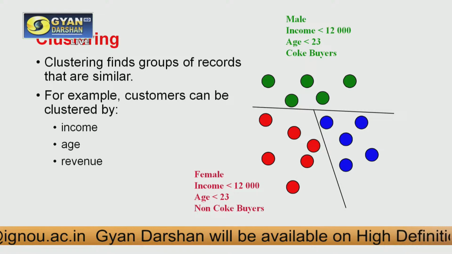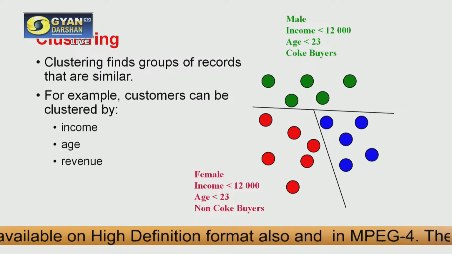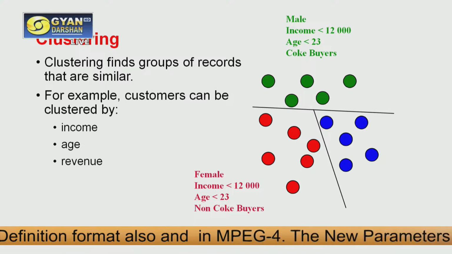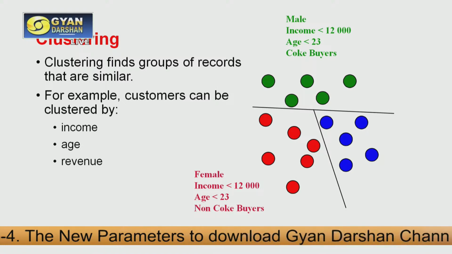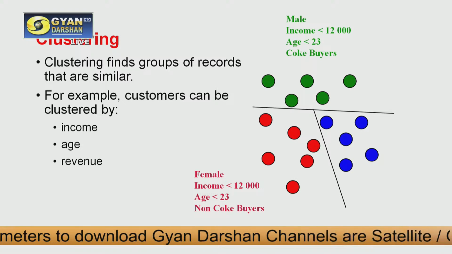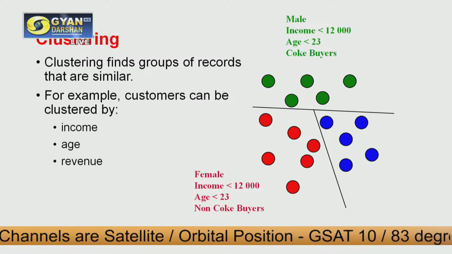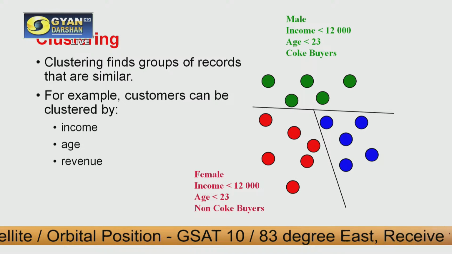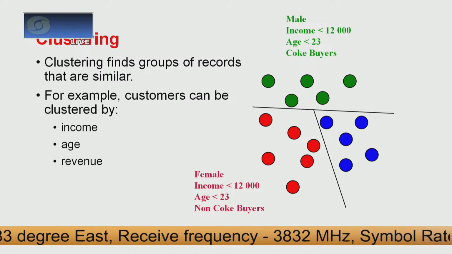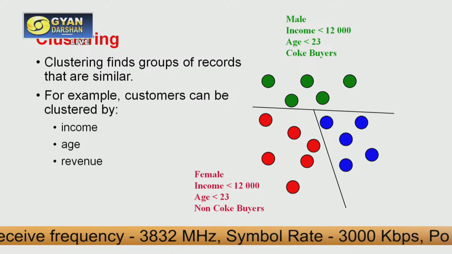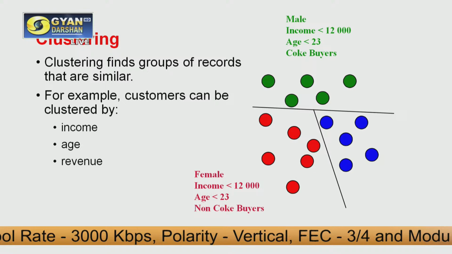Clustering basically finds a group of records which are similar in nature. That means within a cluster, all the records, objects and items are very similar in nature. For example, if you want to cluster customers by three features like income, age and revenue, you can see a male with income less than 12,000 and age less than 23 who is buying Coke.